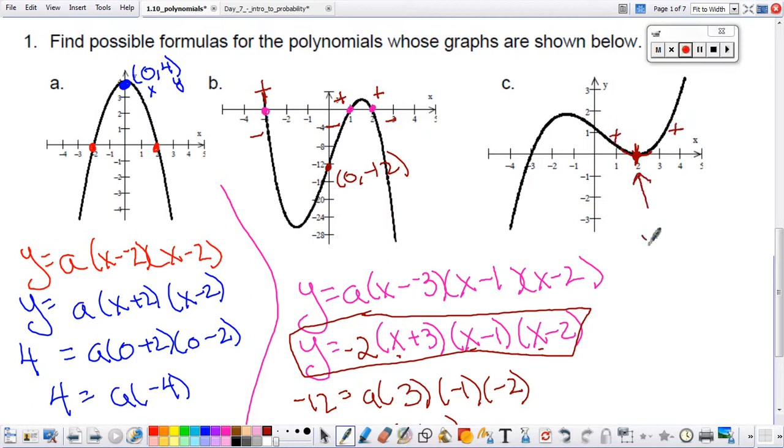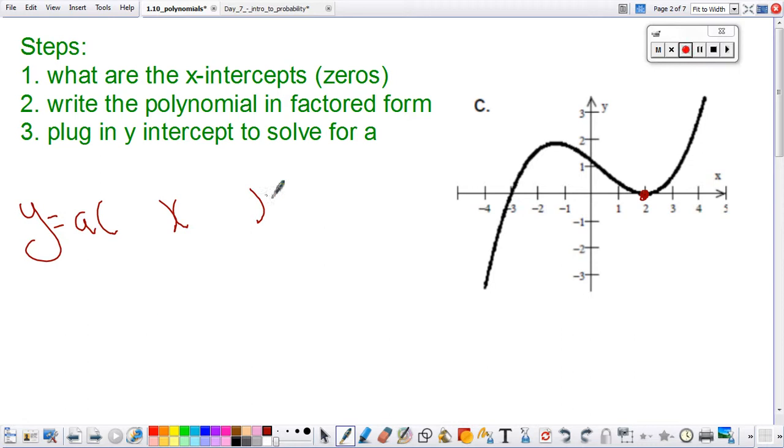So this is something special. It's called a repeated zero. And we're going to have to repeat it in our factors when we solve. So I really have 3 zeros. I'm going to have x minus negative 3, and then x minus 2, and x minus 2.